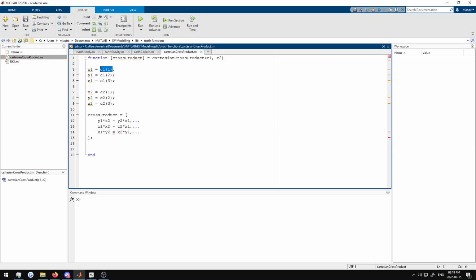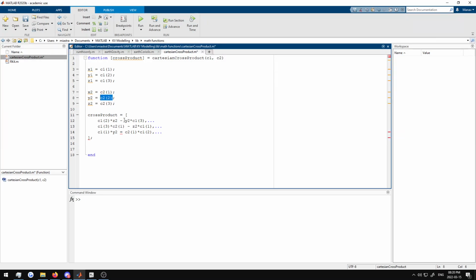We can save a bit of time by moving this here and putting that there. Y1 shows up right here and right here, and Z1 shows up right there and right there. Then we repeat them for the x value. X2 shows up here and here.